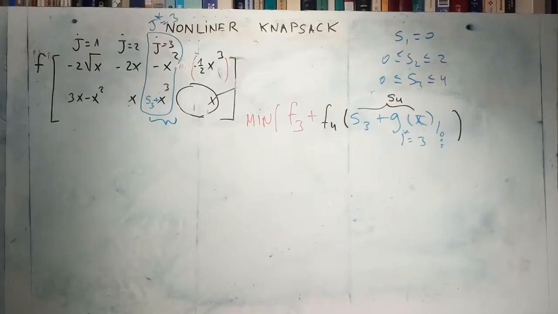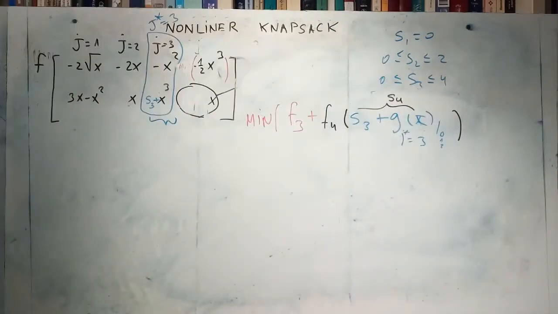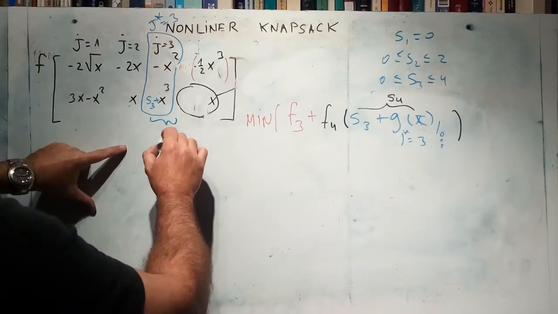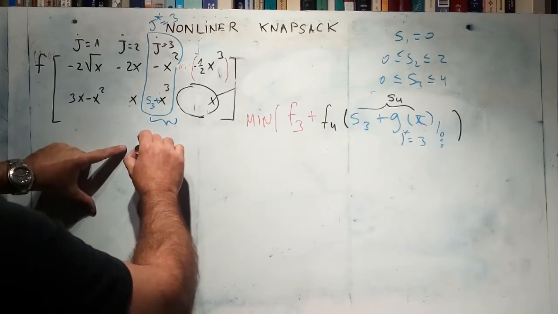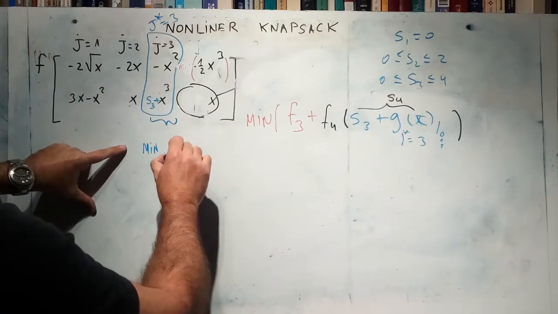So what I'm going to do here, let me see if I have space, because this is going to be a little bit long. I will need to minimize 4.